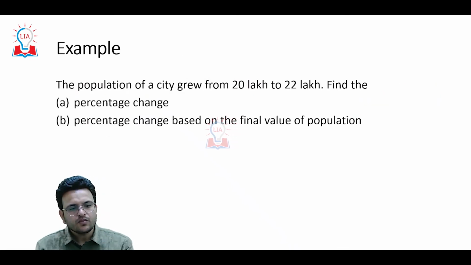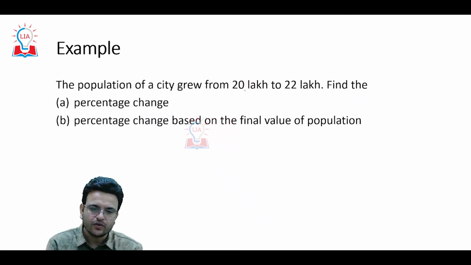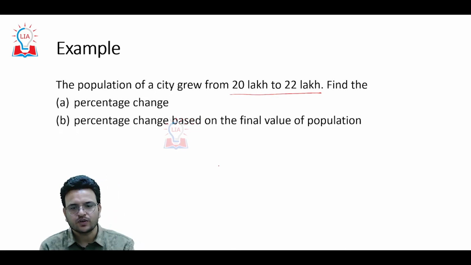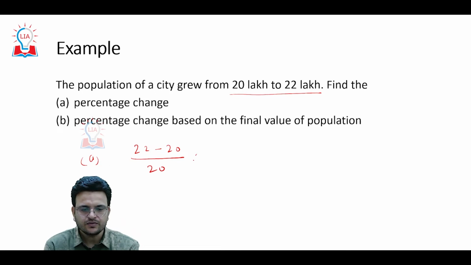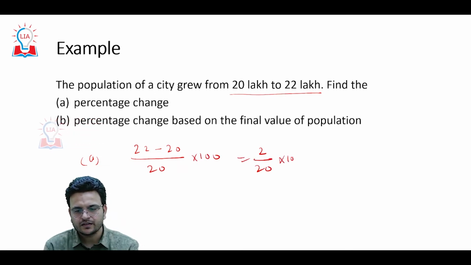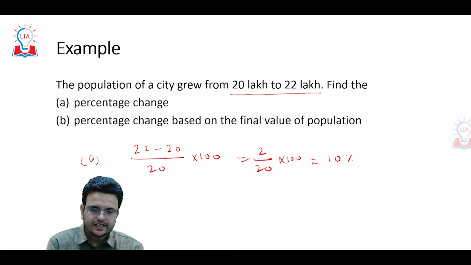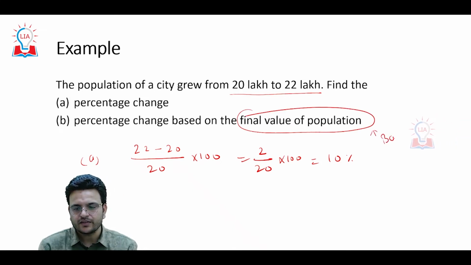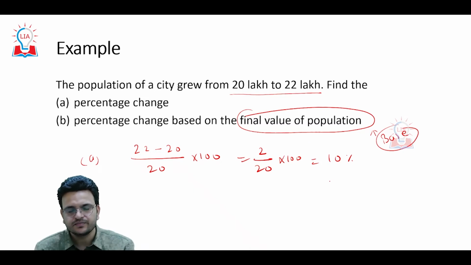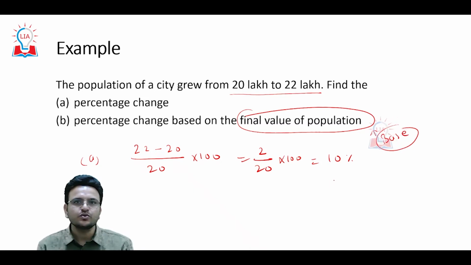Now the population of a city grew from 20 to 22 lakh. What is the percentage change? Last value minus previous value upon previous value into 100. 2 upon 20 into 100, it is 10%. Percentage is based on the final value? Now the base will be the original value unless the question tells how to calculate the base.